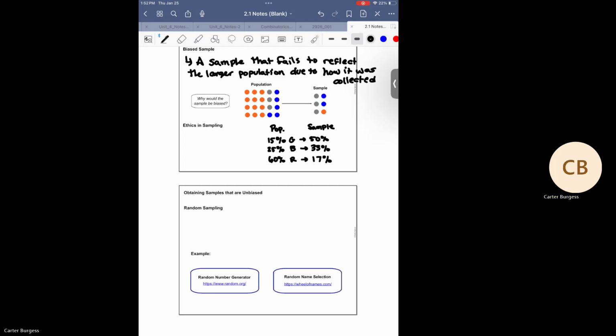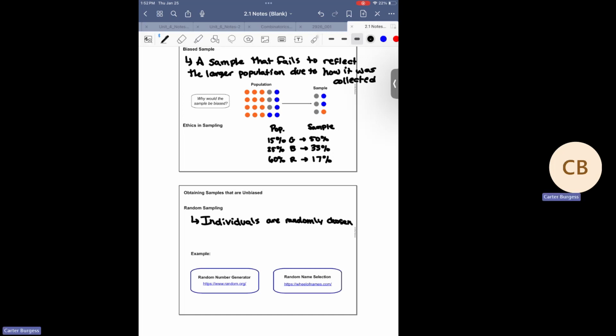Right. So individuals are randomly chosen. And very, very important here is that the likelihood for being chosen is uniform.